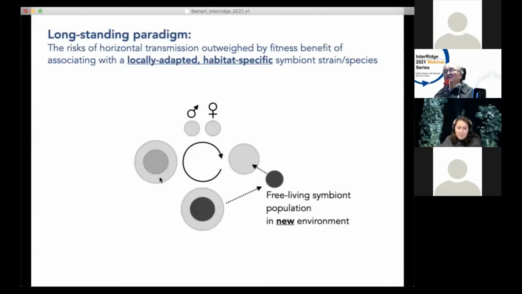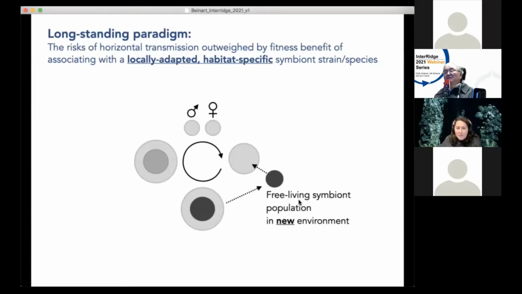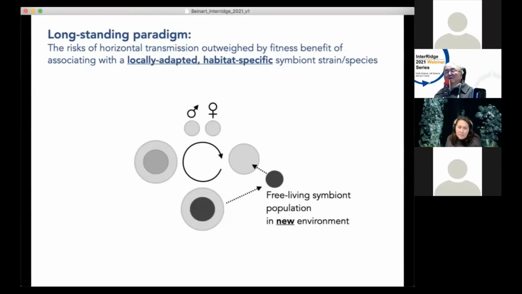So, where you have a host that might go to a new environment and then take up a free-living symbiont in the new environment that is sort of locally optimal or locally adapted to that environment. So that's sort of the paradigm that has existed for why we commonly see this in the marine environment.